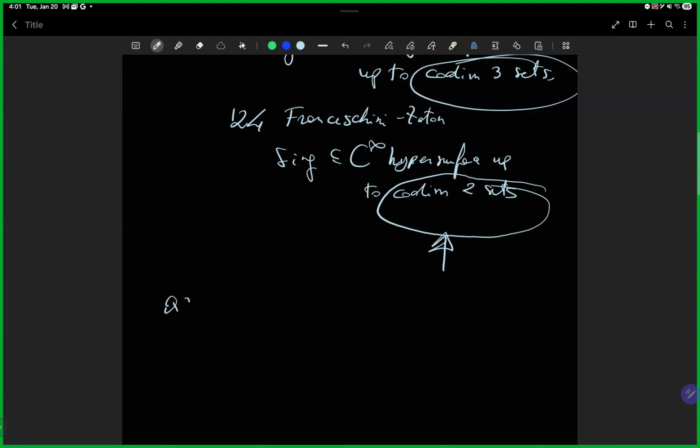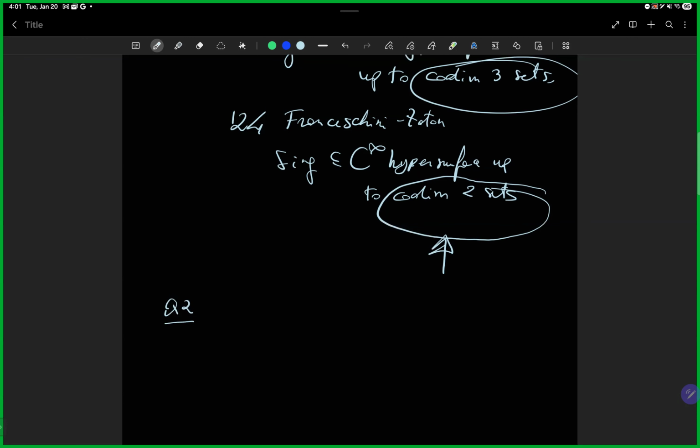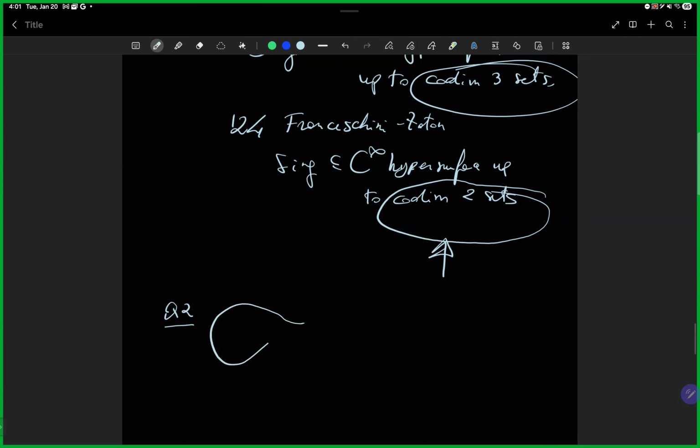About question 2, how big is the singular set? If you look at this example, the free boundary is a curve, so it's a one-dimensional set, and all these points are singular. So in this example, the singular set is a one-dimensional set, and the free boundary is a one-dimensional set.